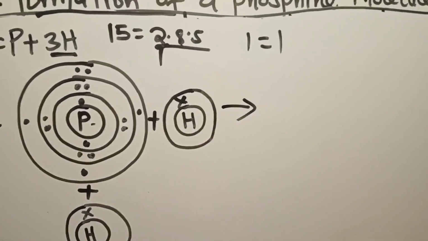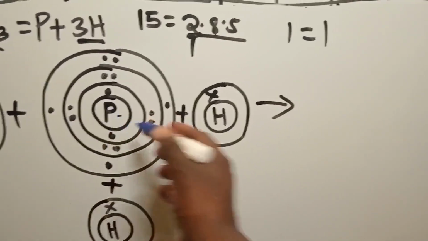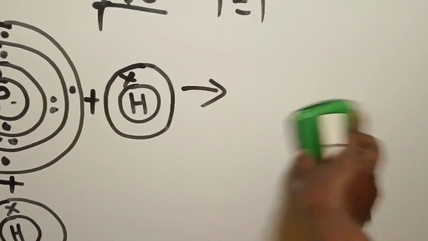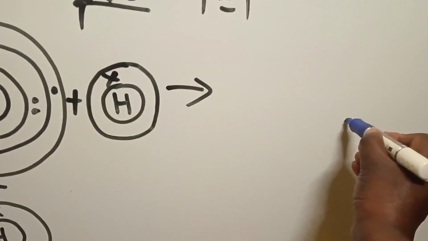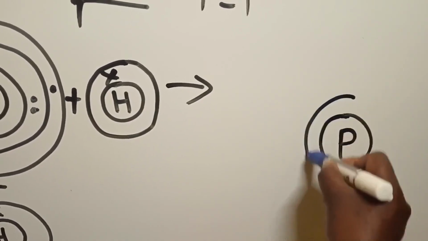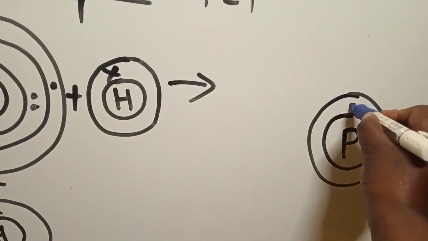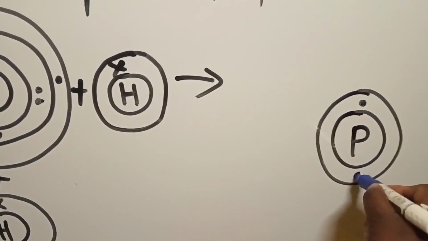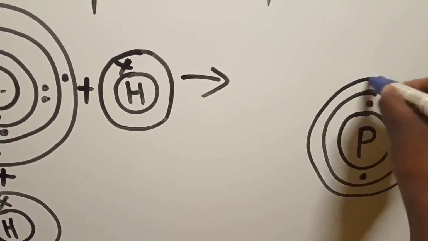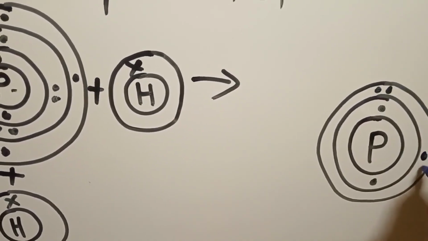So in the product side, we will first of all draw the phosphorus the way it is. Let us draw it a bit better. We have phosphorus, we have the energy level, just the way it was, and indicating all the electrons just where they were.